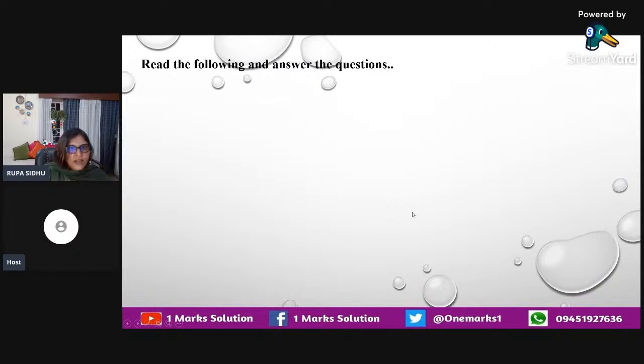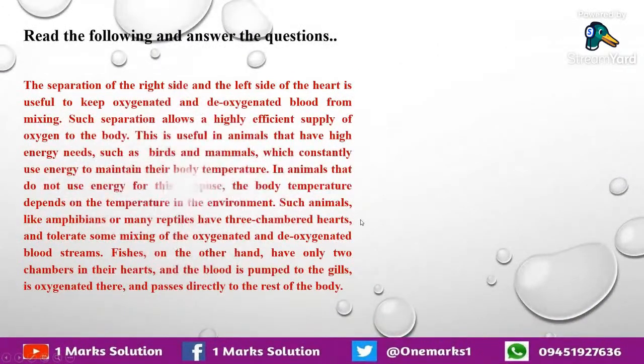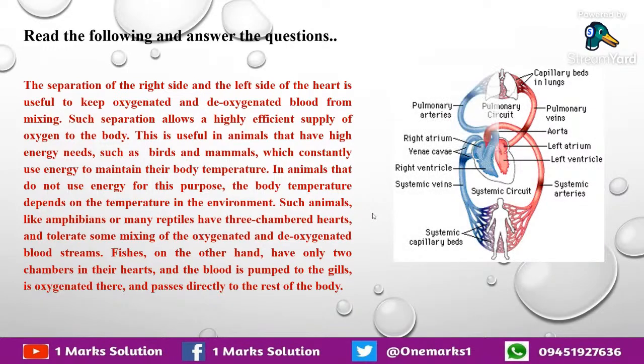All right, so you will read the following passage. The separation of the right side and the left side of the heart is useful to keep oxygenated and deoxygenated blood from mixing. Such separation allows a highly efficient supply of oxygen to the body.